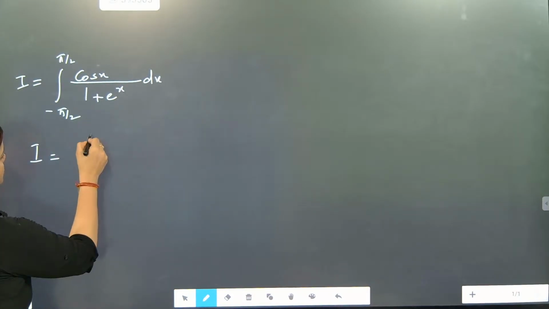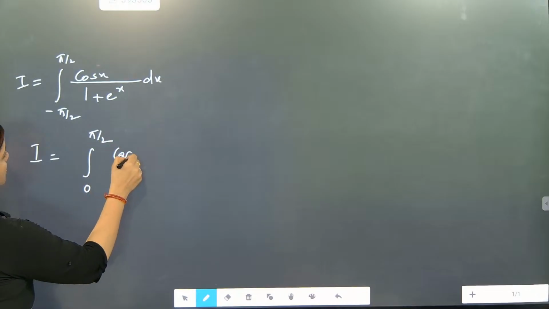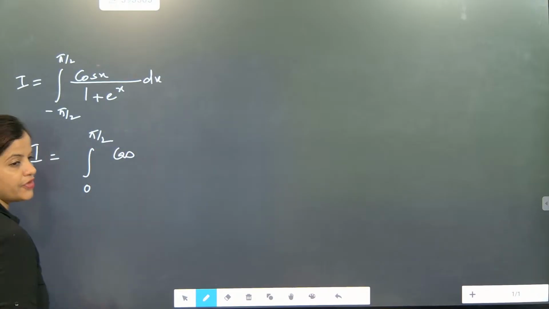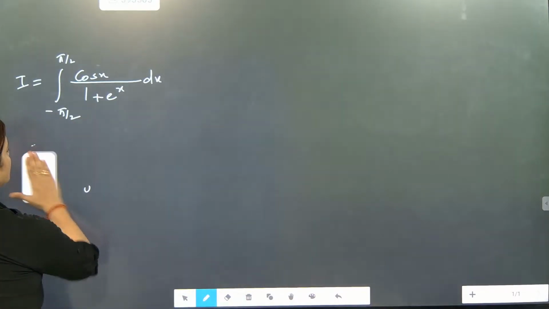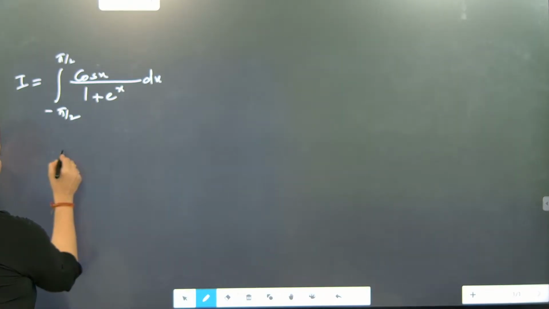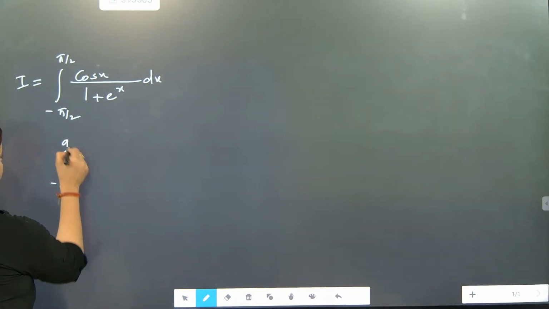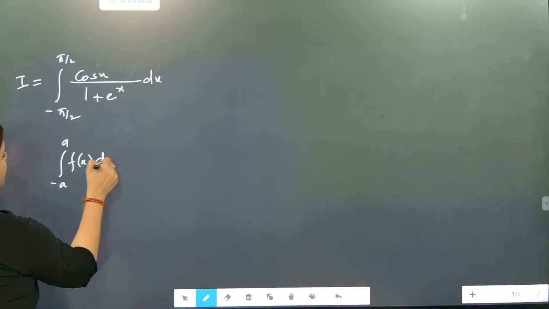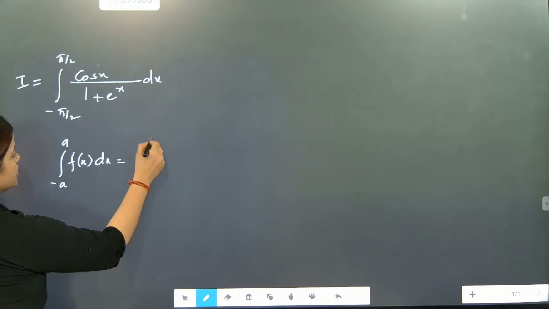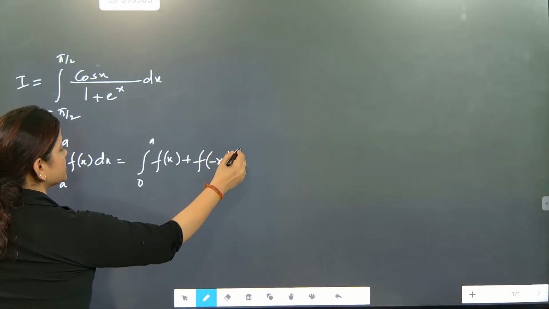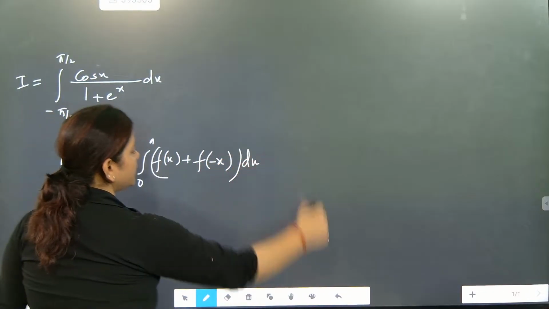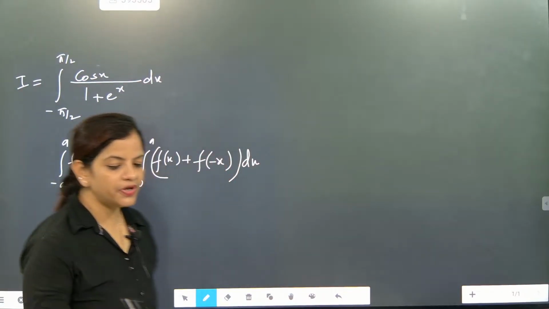I is equal to 0 to pi by 2 cos of, so we are going to use the property. Which property we are using? Minus a to a f of x, it will become 0 to a f of x plus f of minus x dx. Done. So this property we are going to use.